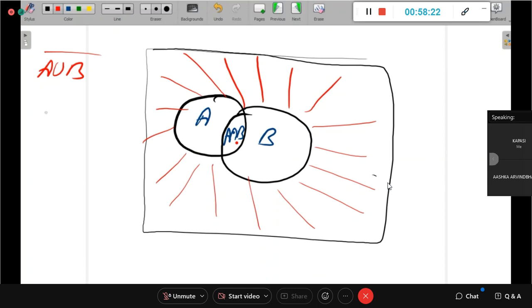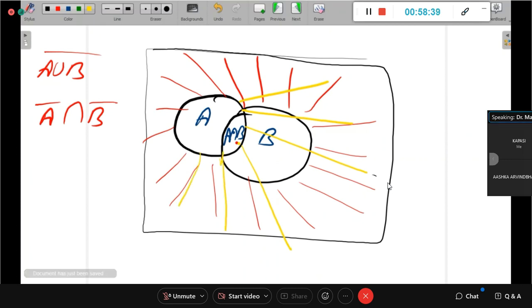Now, if you try to identify A complement and B complement from this graph, it's very simple. A complement is this. Try to distinguish, you can also draw it on pen and paper.